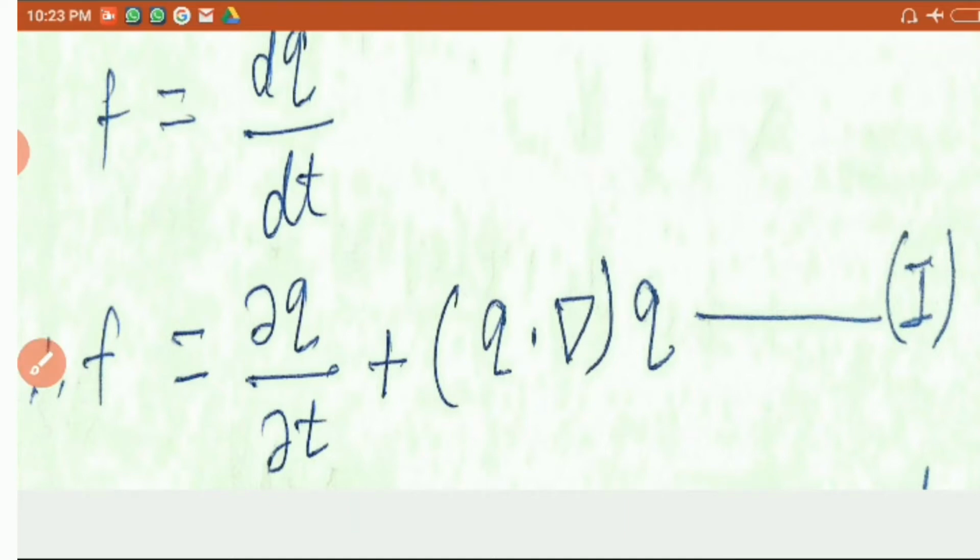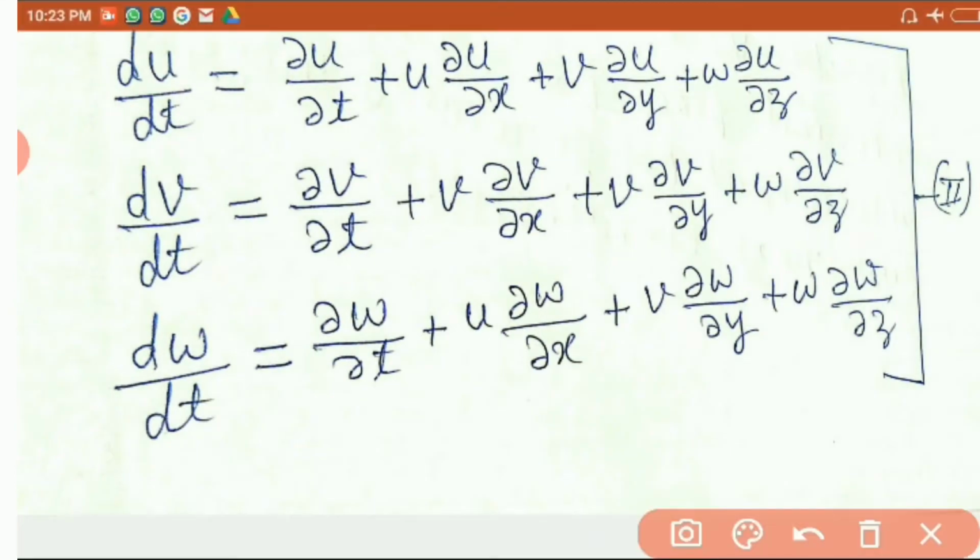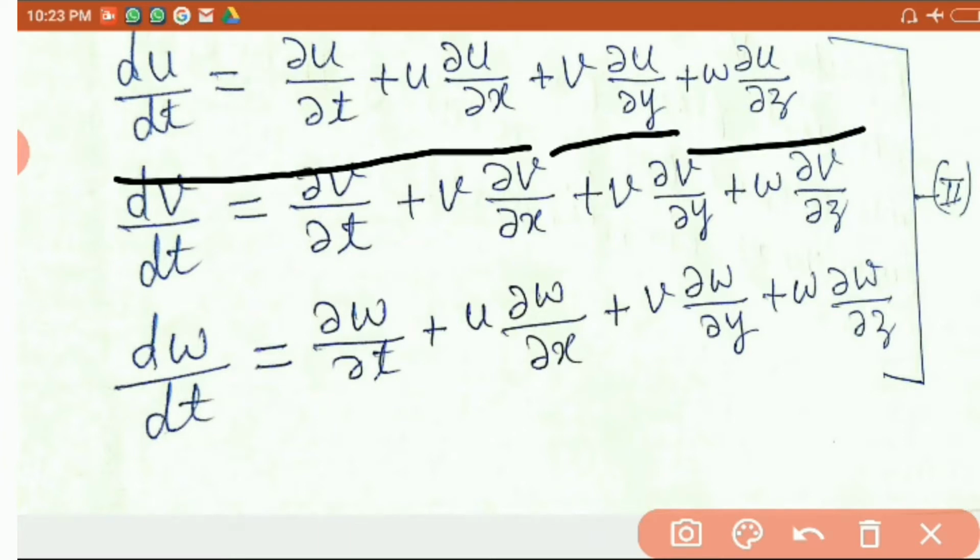The Cartesian components of q as u, v, w show that the components of acceleration are: du by dt is equal to dou u by dou t plus u dou u by dou x plus v dou u by dou y plus w dou u by dou z.